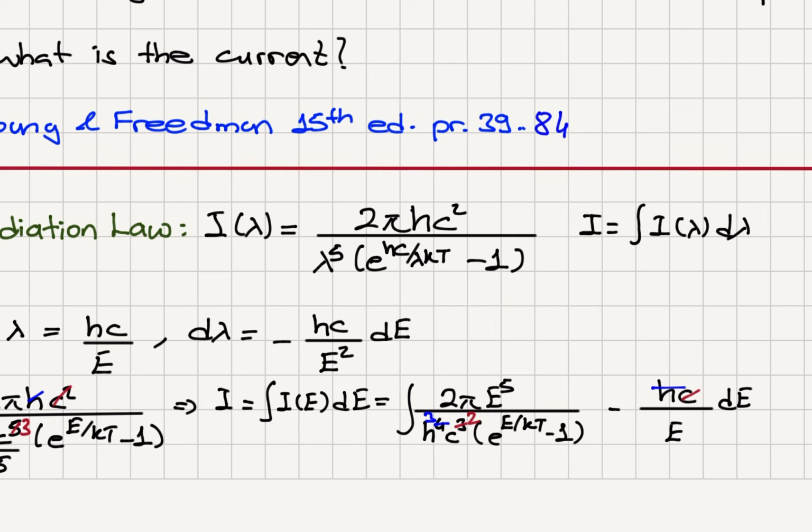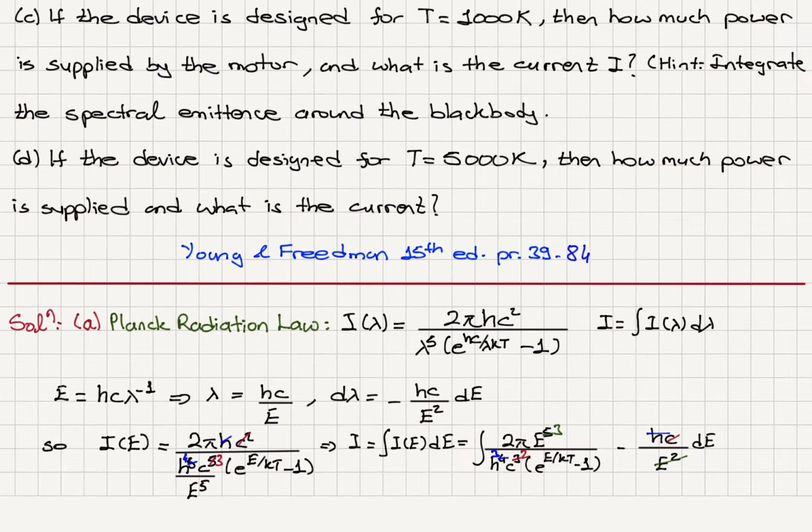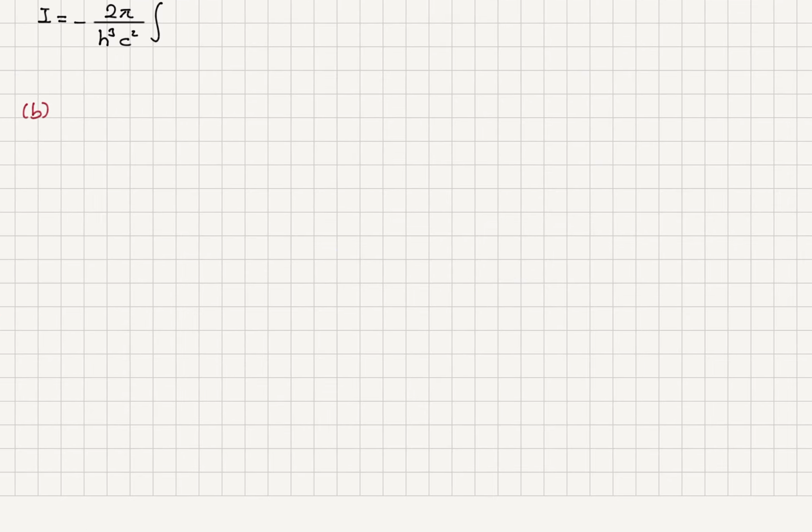So here we had E squared, so this is going to make this E to the fifth power E cubed also. So we will have 2 pi over h cubed c squared, E cubed divided by exponential energy divided by kT minus 1 dE.